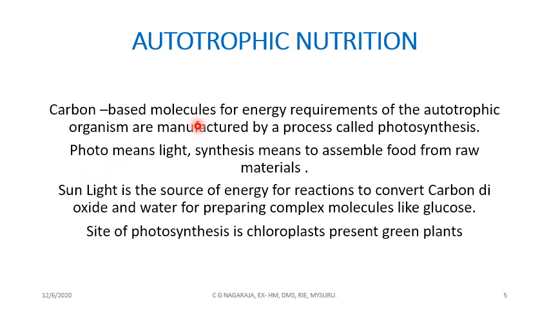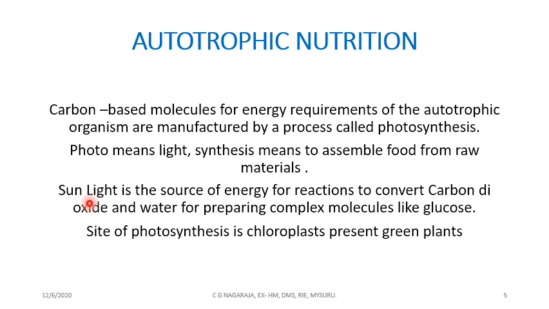Carbon-based molecules for energy requirements of autotrophic organisms are manufactured by the process called photosynthesis. You have studied this in lower classes and you may study this in detail in your class 10th also. Photo means light, synthesis means to assemble food from raw materials.